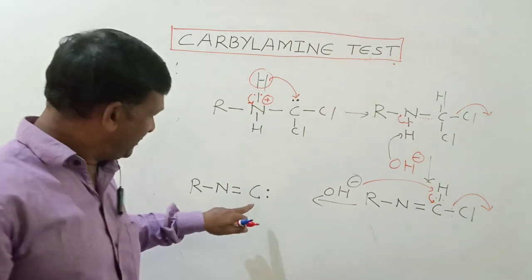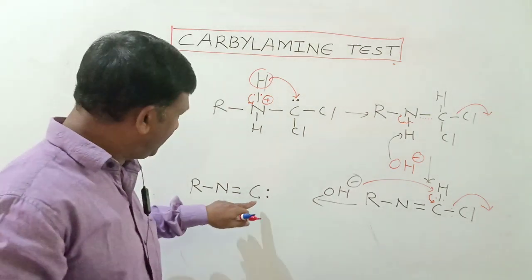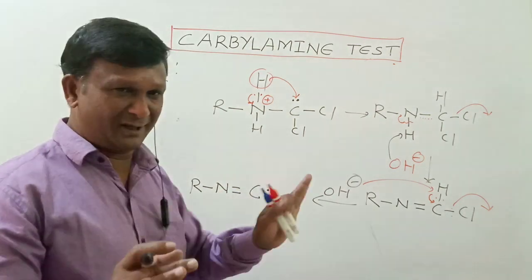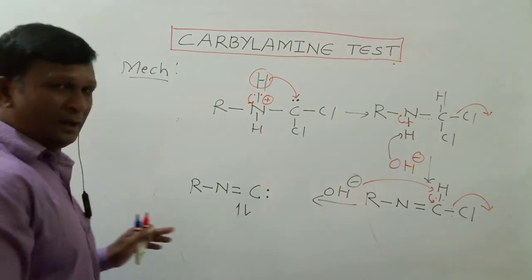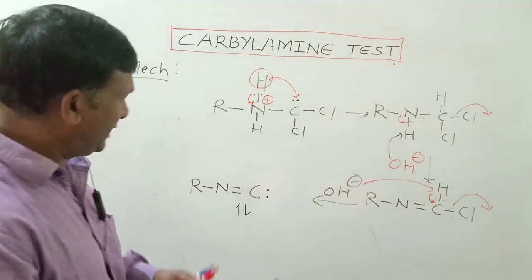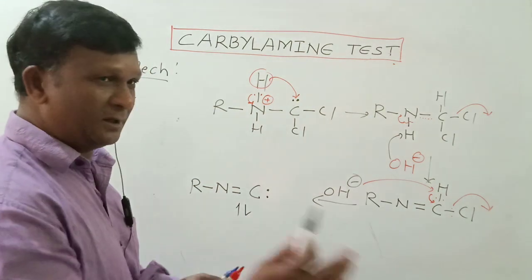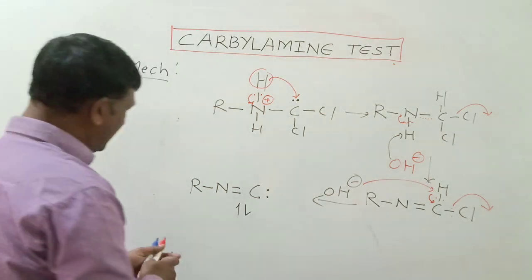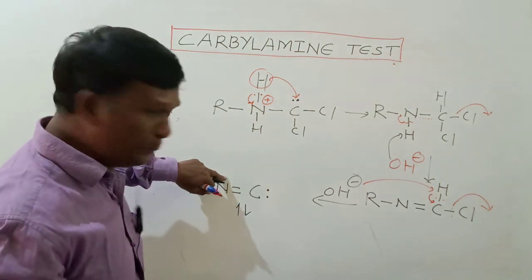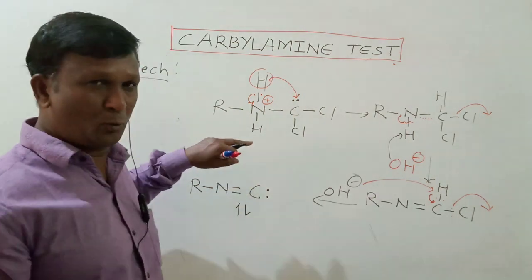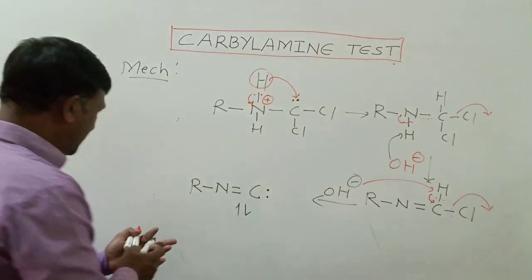If we look at this structure, we will find that the carbon is now surrounded with 6 electrons. So this structure is now converted into a somewhat different structure where this nitrogen shares its electron pair with this carbon through a coordinate bond.